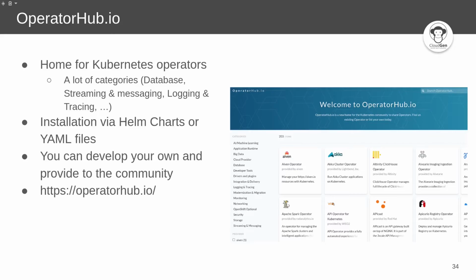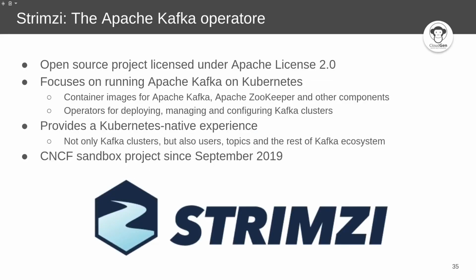So you can install your operator, and even OLM if you don't have it on Kubernetes, using some Helm charts. If you want to deploy your operator, you can make it available to the community using this website. So this is the place where you have to search if you need an operator for a specific kind of application.